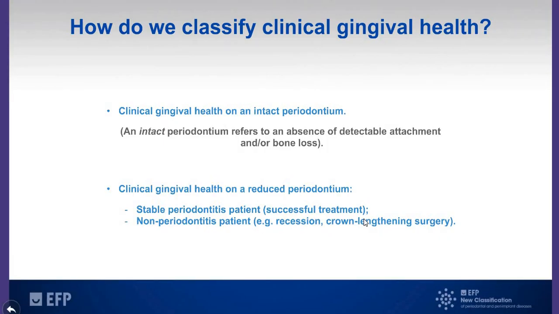clinical gingival health on intact periodontium. An intact periodontium refers to an absence of detectable attachment and or bone loss. When we say that we have an intact periodontium or a healthy periodontium, it means that we don't have an attachment loss and we don't have a bone loss.